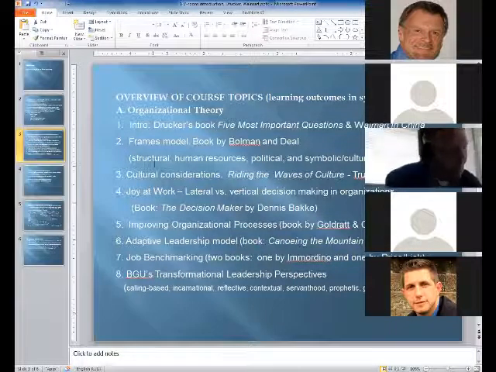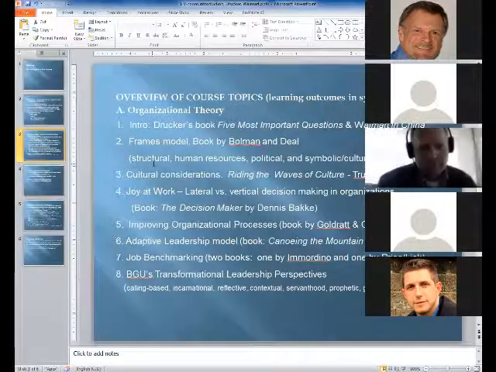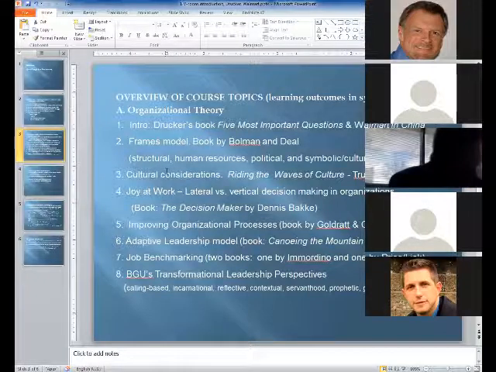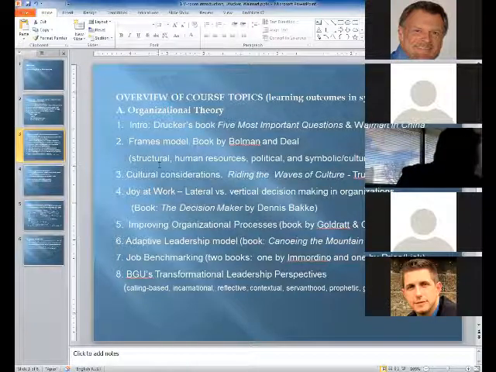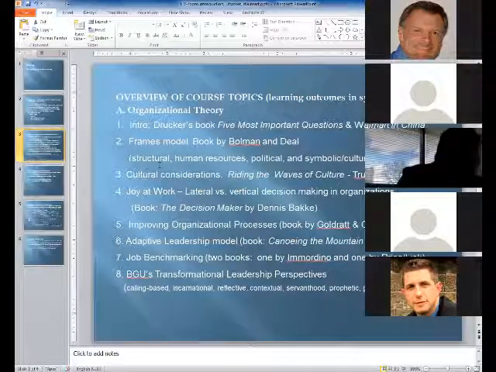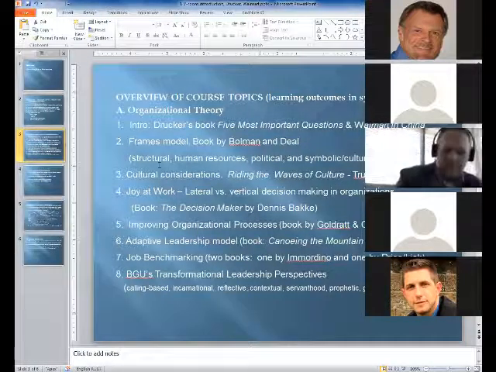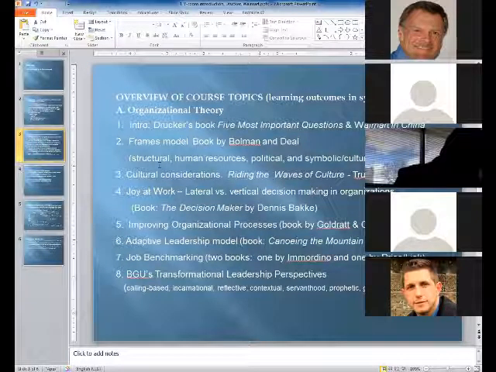The name of the book is Reframing Organizations, and this frames model is just going to give you one way to look at an organization: the structural leadership infrastructure, the human resource structures. We talked about the political issues, the power focuses in that particular organization.